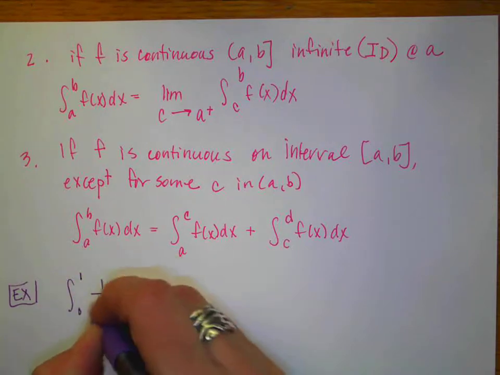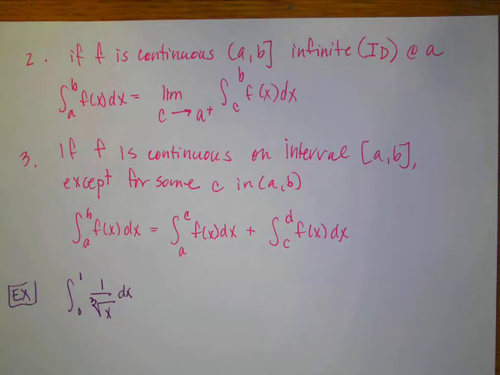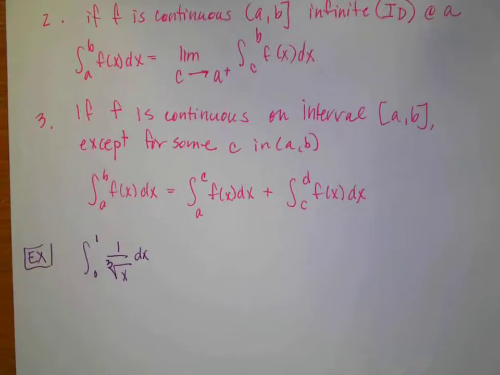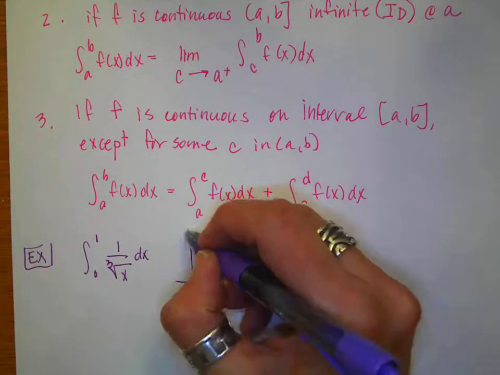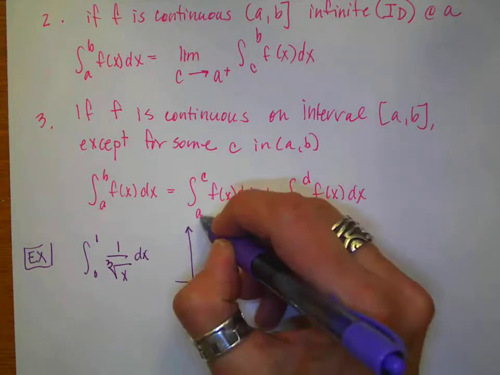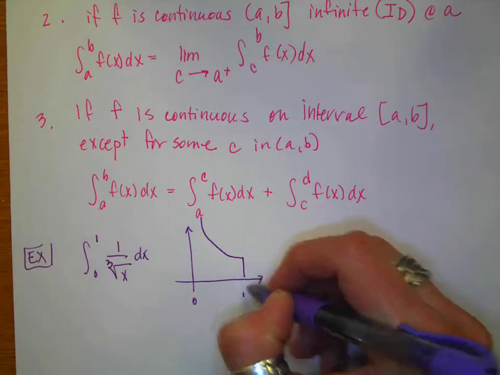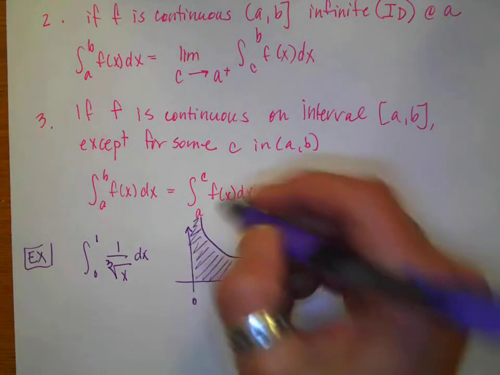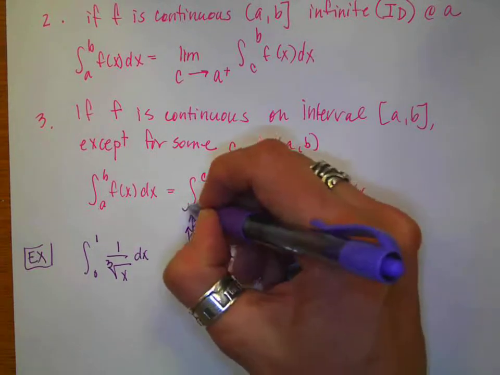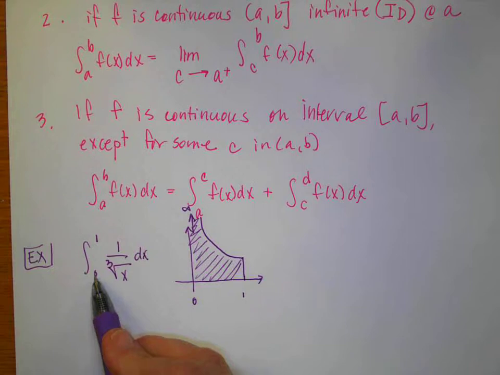So our first example, we want to evaluate the integral from 0 to 1 of 1 over the cube root of x dx. And we're going to look at the graph because it's actually kind of handy. Here's my graph. If I'm evaluating from 0 to 1, notice that this particular area goes on forever.